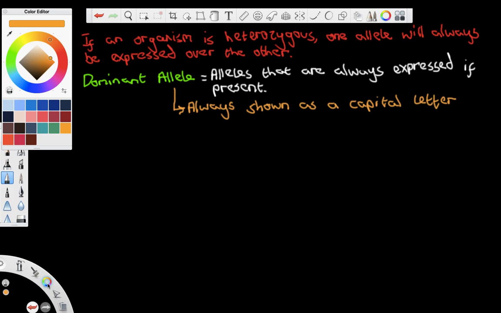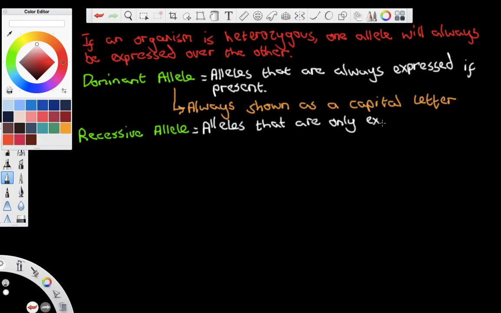Recessive alleles. A recessive allele is an allele that is only expressed if two copies are present.